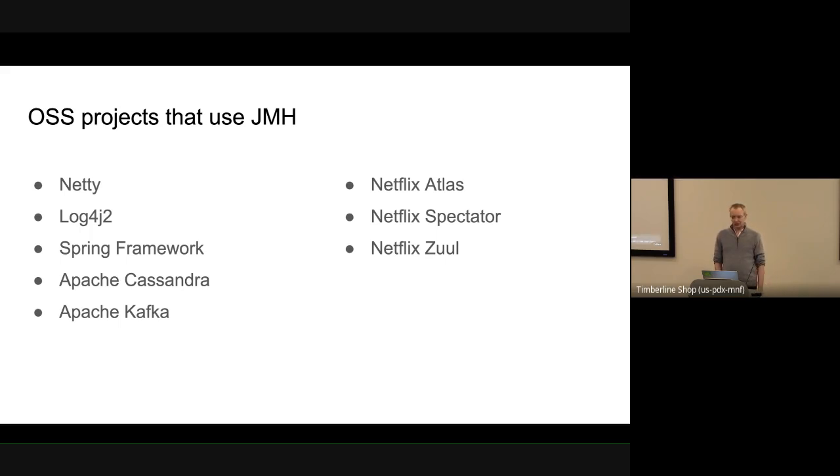In fact, I would say Spectator might be the precursor to Micrometer. But the Spectator library uses JMH to measure various operations. And then Netflix Zuul, which is part of our Cloud Gateway. So I'm actively working on the Zuul open source project. So it's near and dear to my heart.